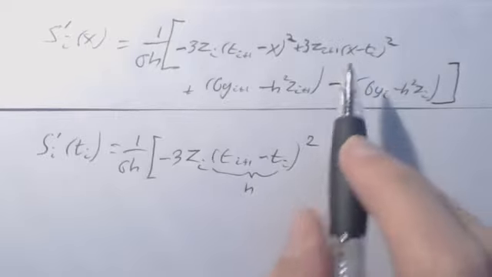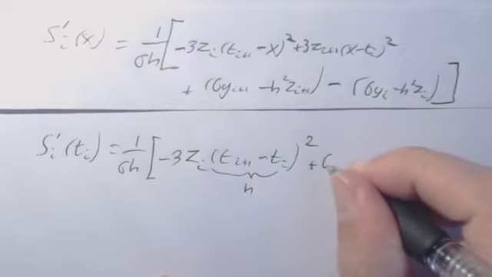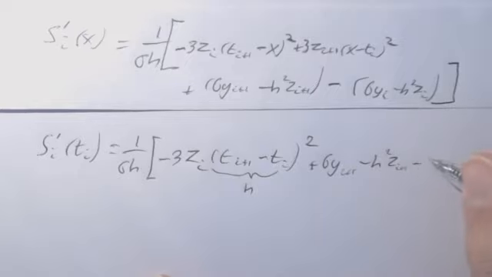This bit is going to become 0, so we just add on the constant terms now, so plus 6yi plus 1 minus h squared zi plus 1 minus 6yi plus h squared zi.